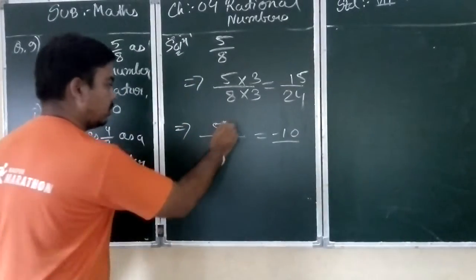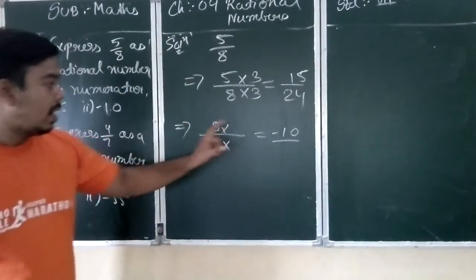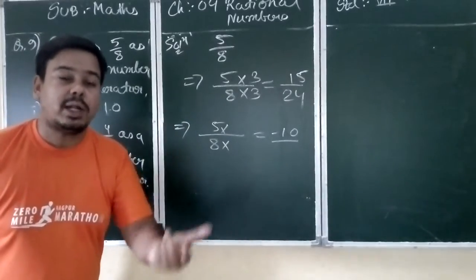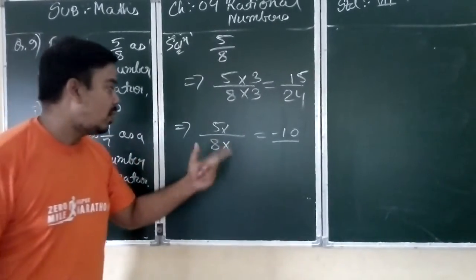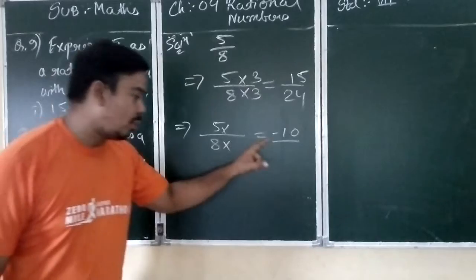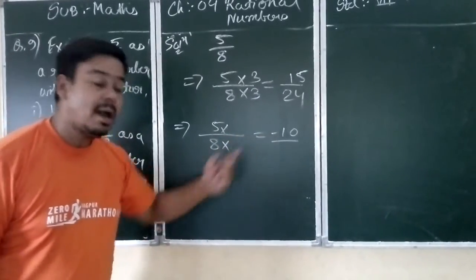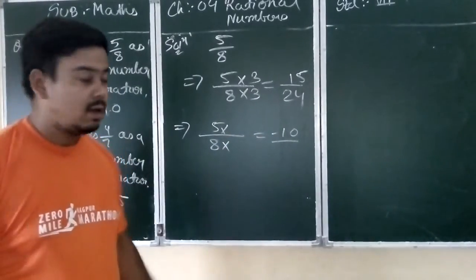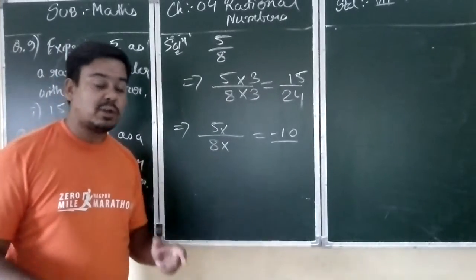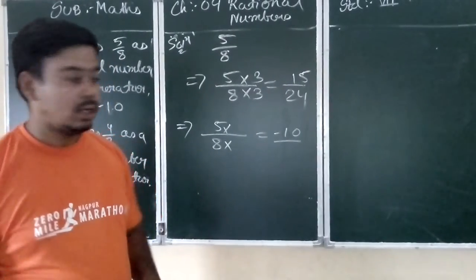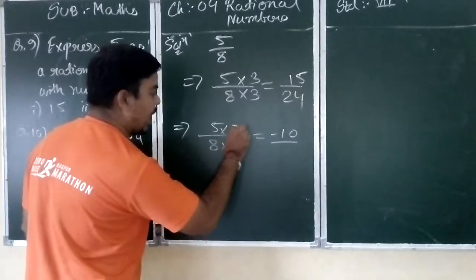The next is 5 by 8 with numerator minus 10. Now 5 is multiplied by what number to get the answer minus 10? So minus 2.